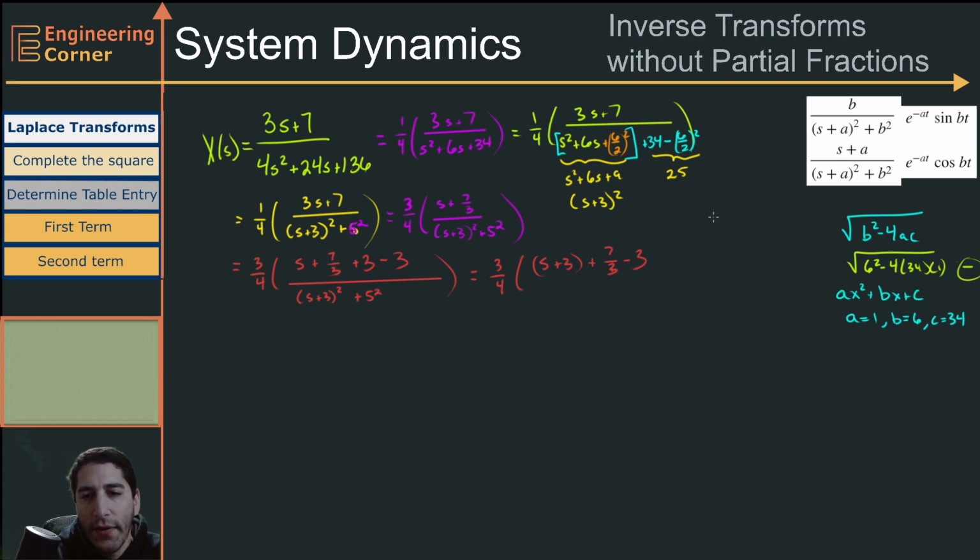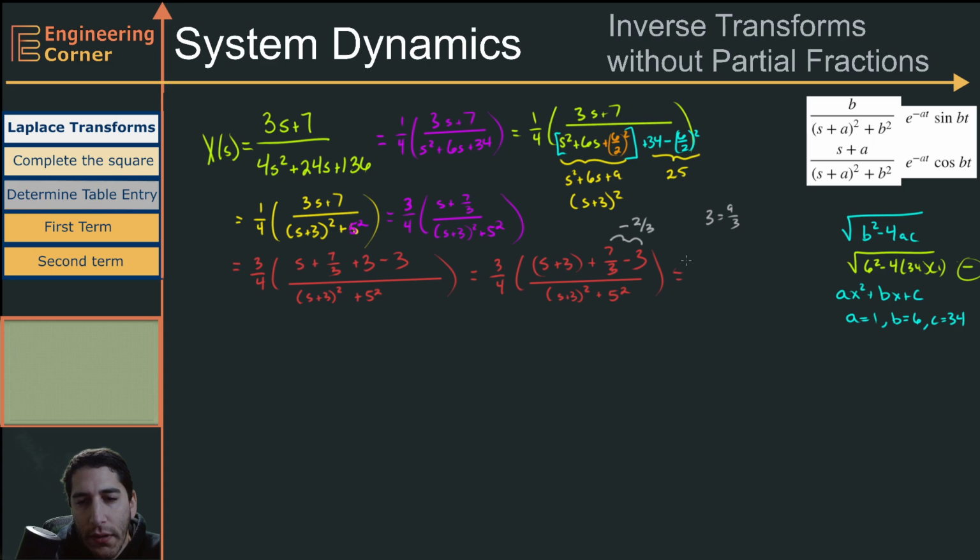Now, 7 over 3 minus 3, 3 is equal to 9 over 3. So 7 over 3 minus 9 over 3 is equal to minus 2/3. And my denominator hasn't changed. So my denominator is still s plus 3 squared plus 5 squared. I know I write my 2's in 2 different ways, but all right.